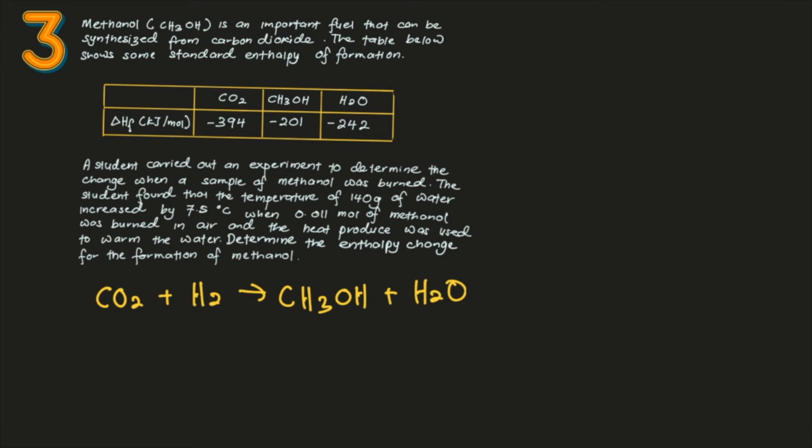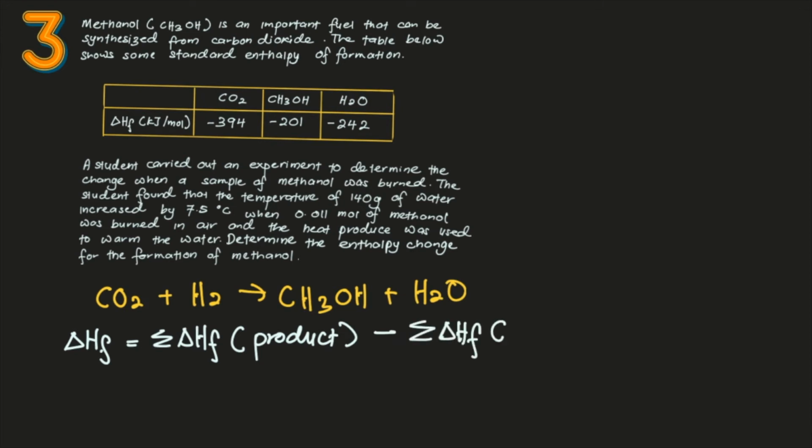And if you can recall, what is the formula to calculate the enthalpy change of formation? So delta H formation is equivalent to the summation of delta H formation of the product minus the summation of delta H formation of the reactant.